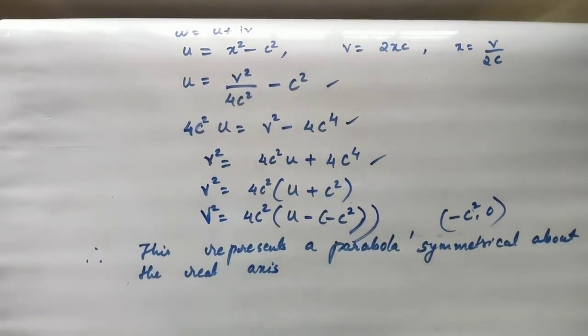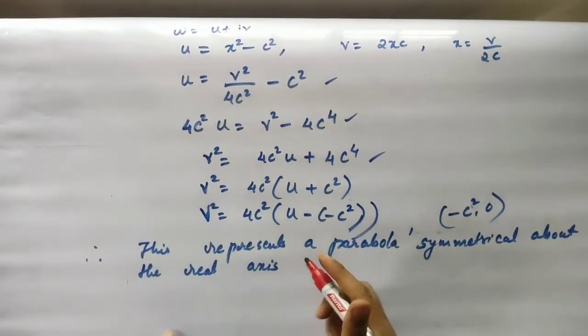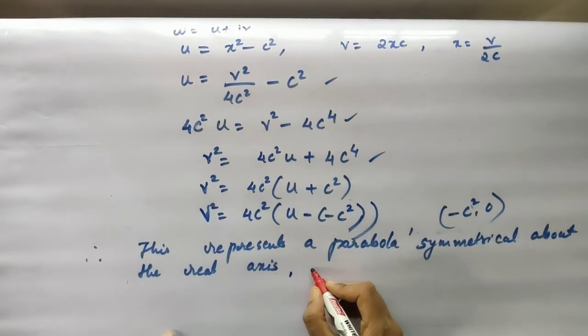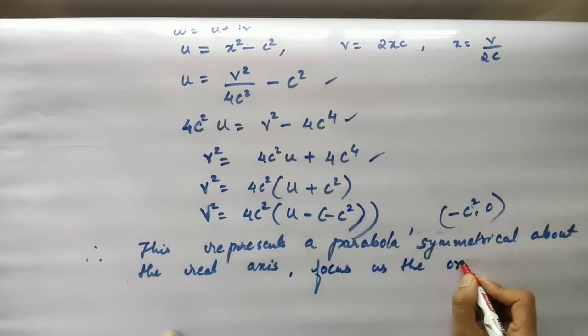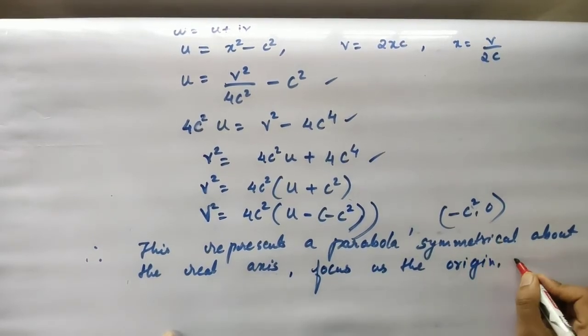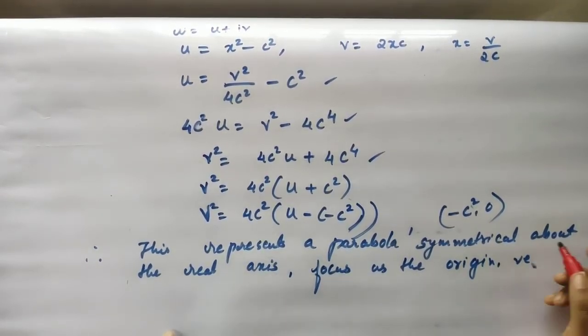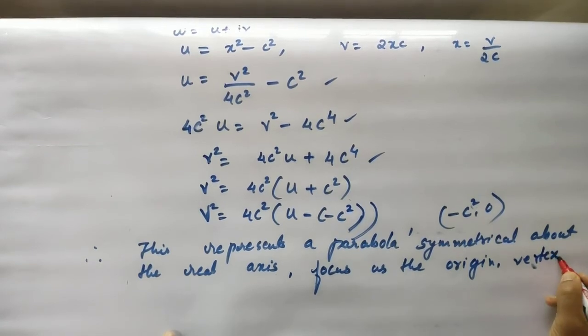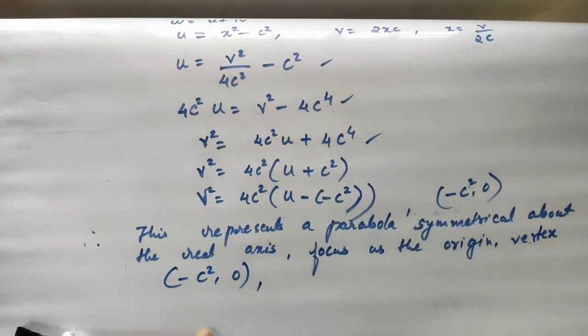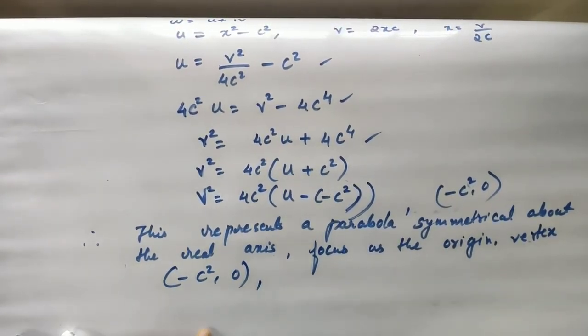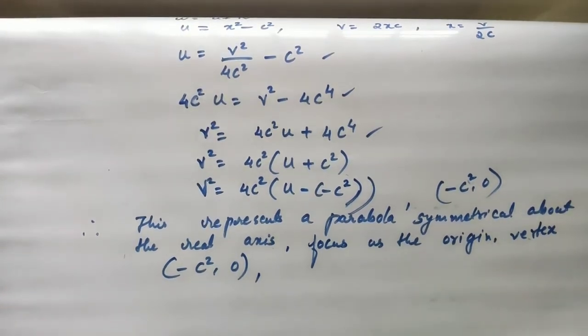It is symmetrical about the u axis because it is v square here. And focus is the origin. And what is the vertex? The vertex is minus c square comma 0, right? Yes. We have found the vertex, we have found the focus, and we know where it is symmetrical about.